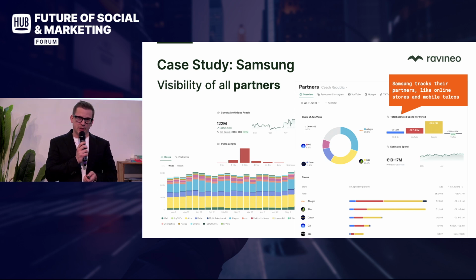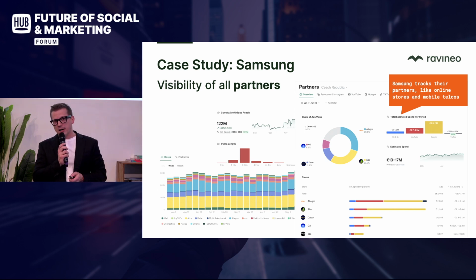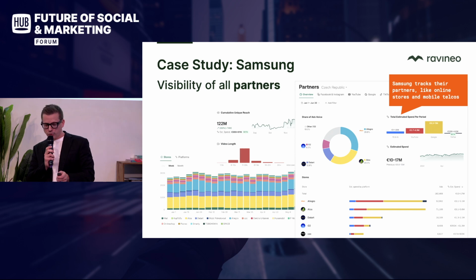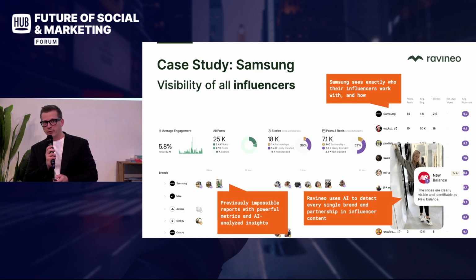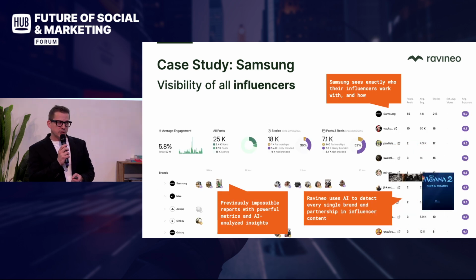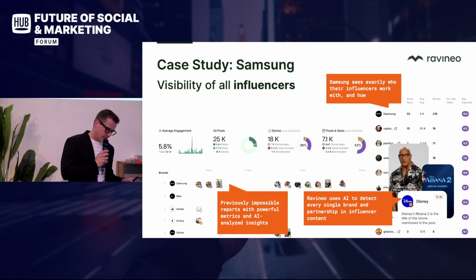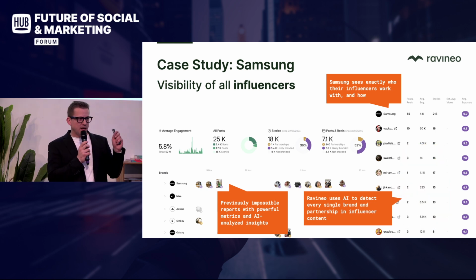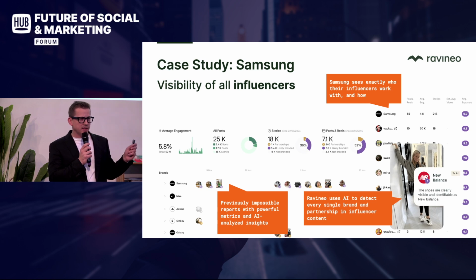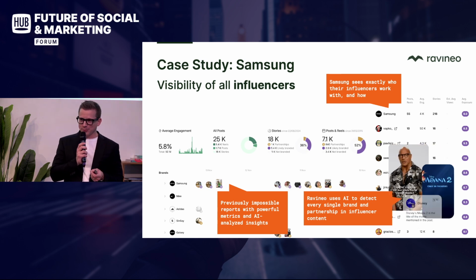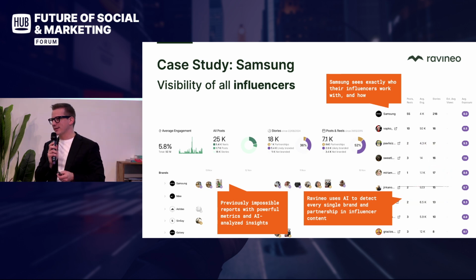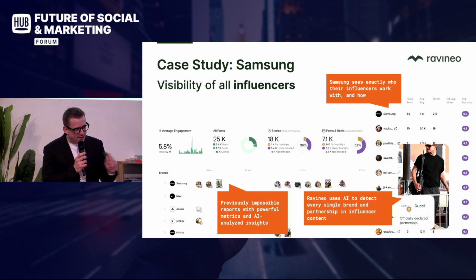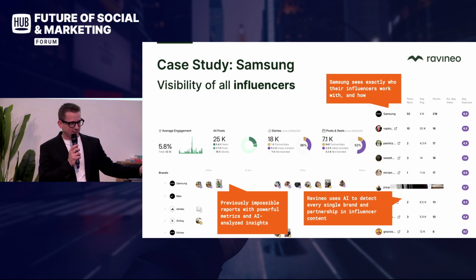has actually done. So on top of this, as a second module of the Ravineo analytics platform, we gave Samsung the visibility over all of its influencers. We use these AI models to basically detect every single brand that's in there. And it will not detect logos. It'll detect a product. It'll detect a product if it flies by for 1 second.